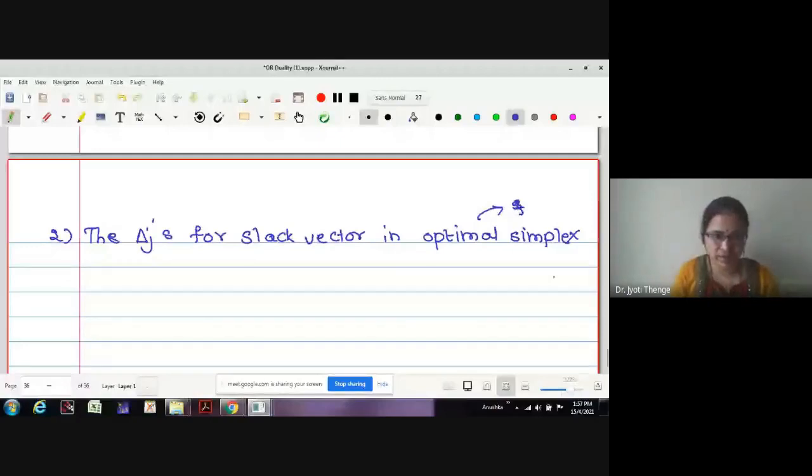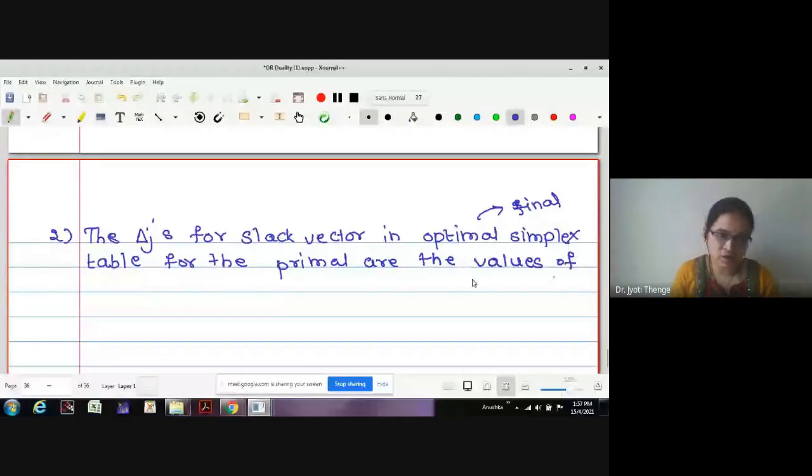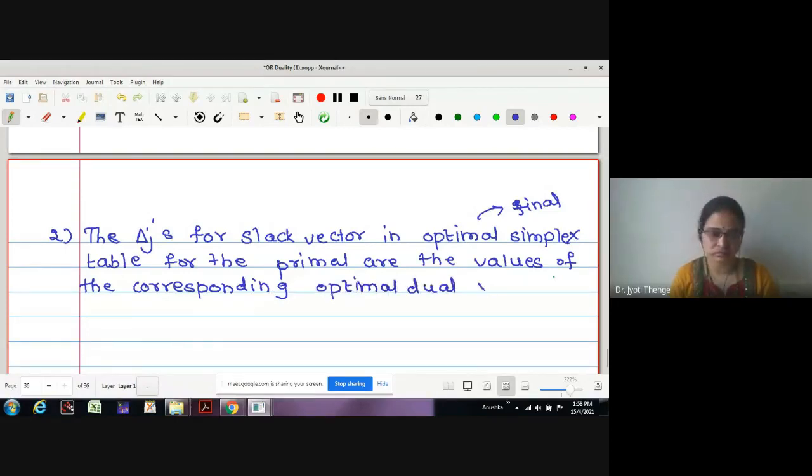The final simplex table for the primal gives the values of the optimal dual variables in the final simplex table for the dual.